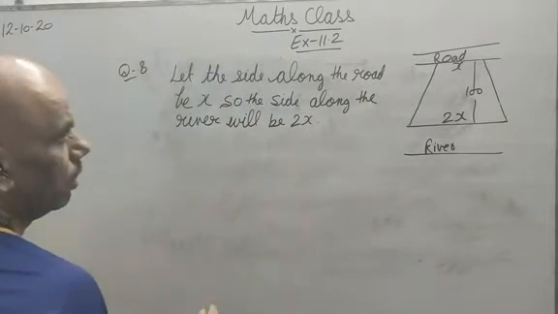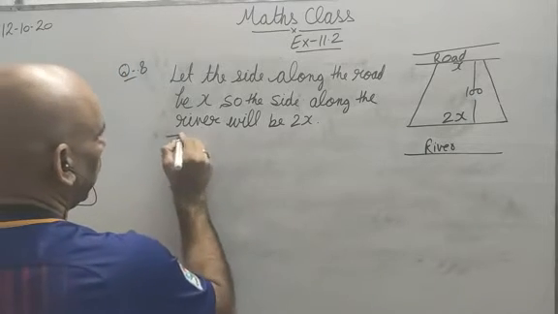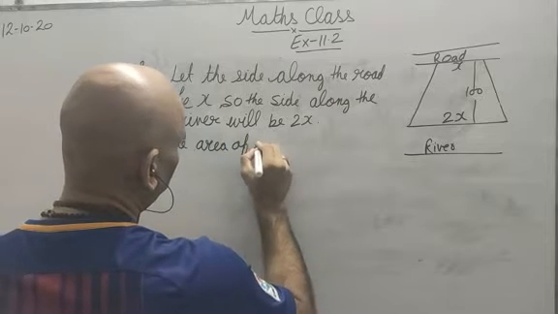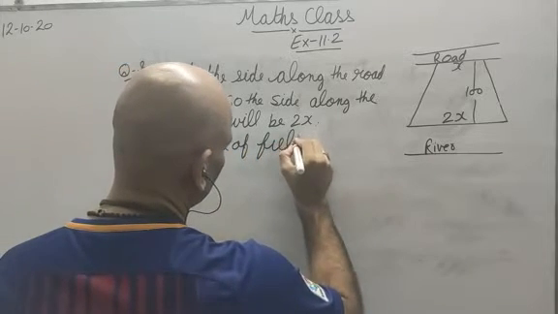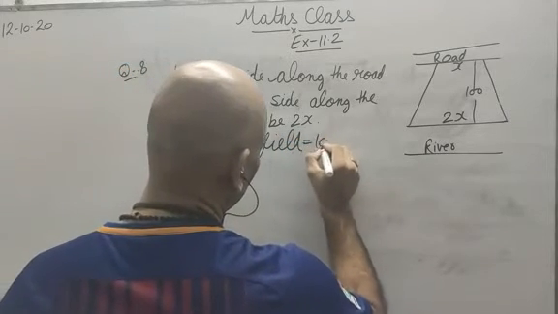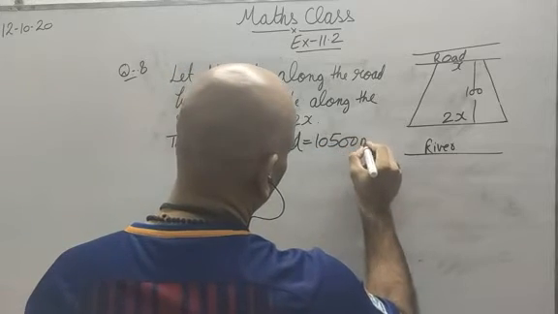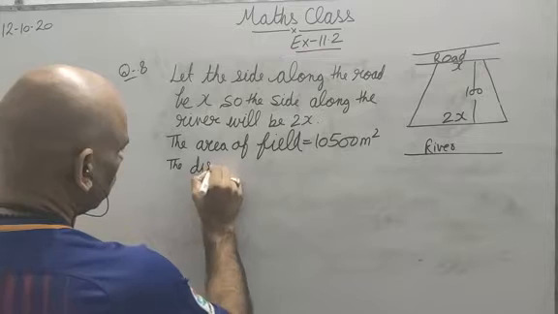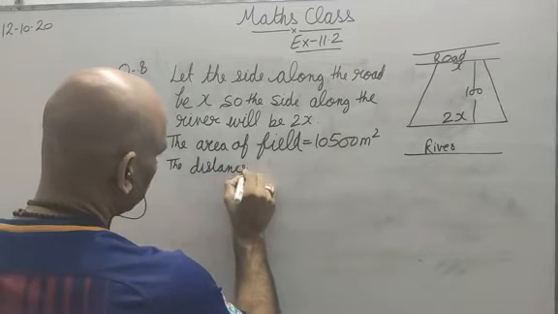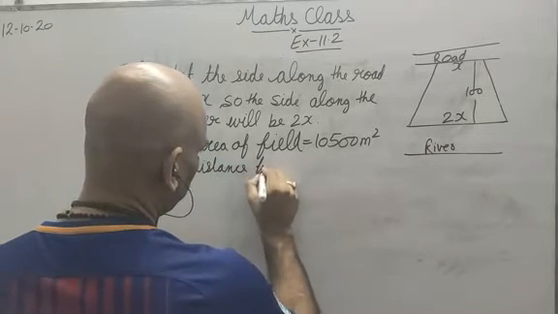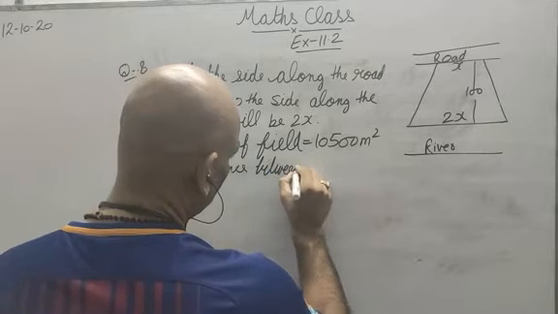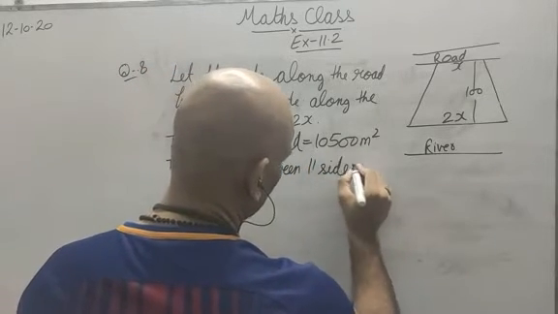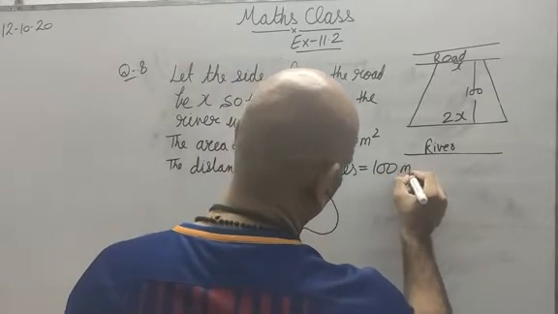Now, the area of the field is 10,500 meters square, and the distance between parallel sides is 100 meters.